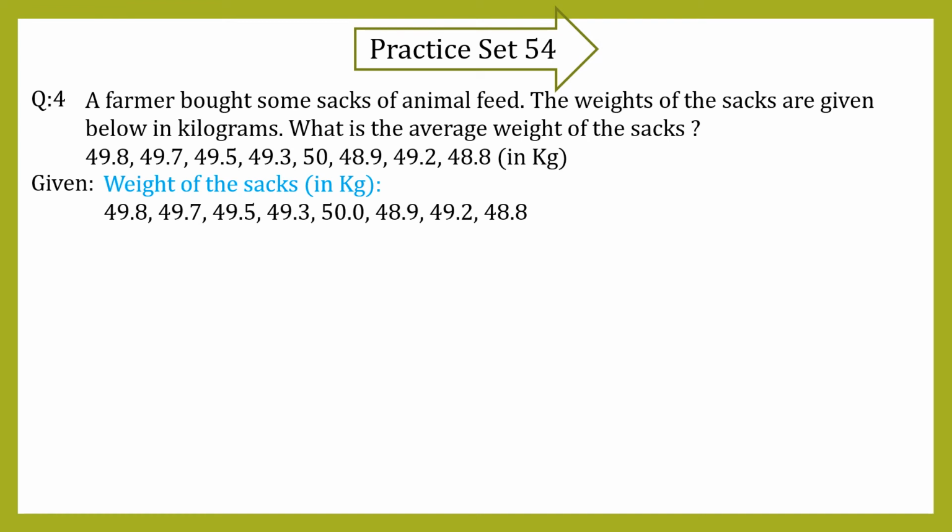So 50 can be written as 50.0. 48.9, then 49.2, 48.8. These are the weights of the sacks in kg. Now dear children, what we have to find out, as you know, is the average weight of the sack. Let's go on with the solution.